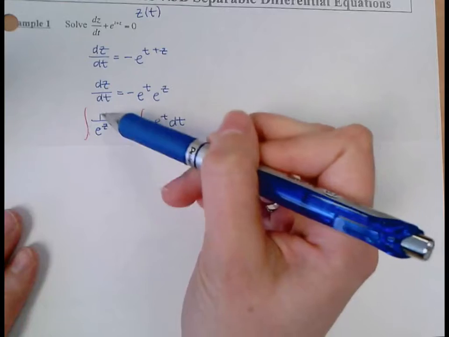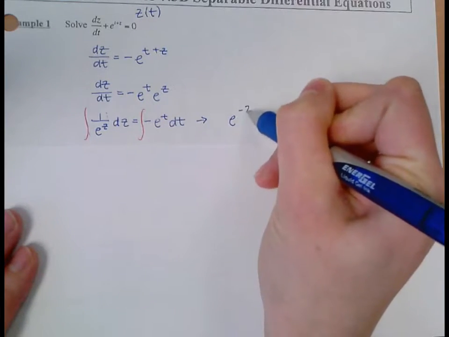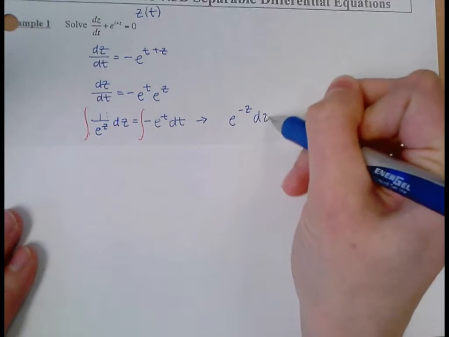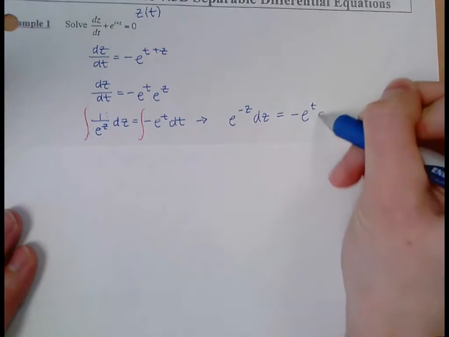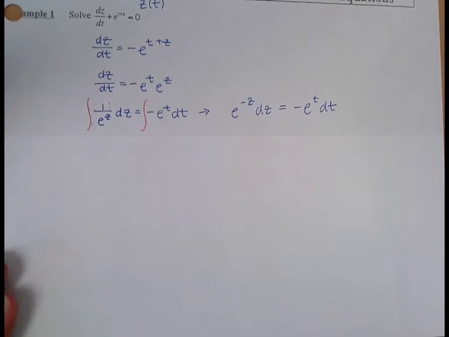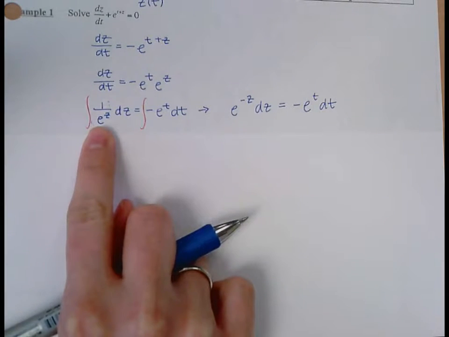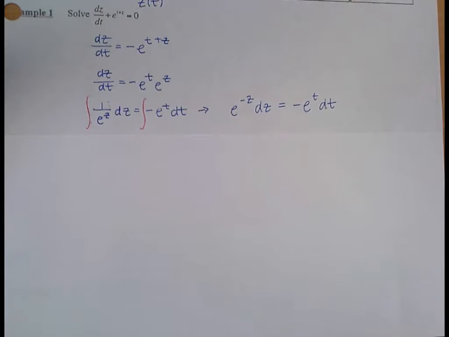You can rewrite this, though, as e to the negative z, and then use substitution, yes. Okay, so if you were stuck at that point, or maybe you moved forward to find an antiderivative, but you didn't rewrite it this way, make sure you do that.